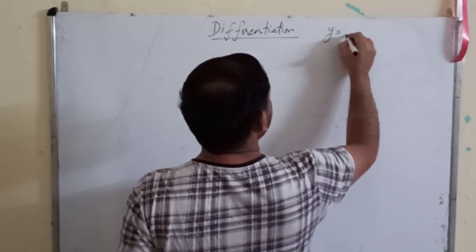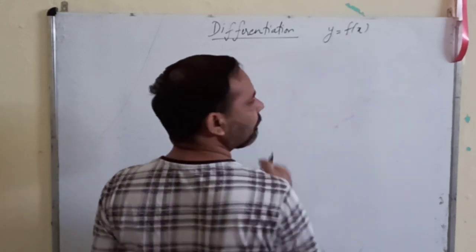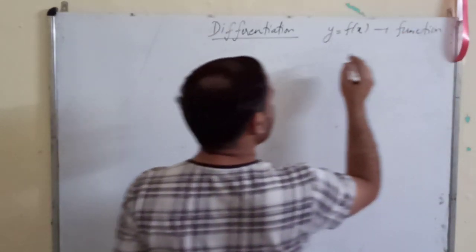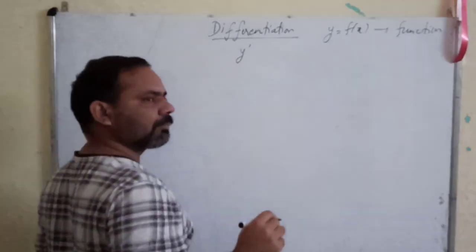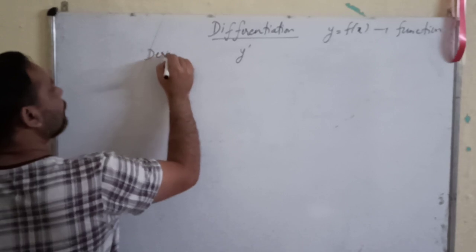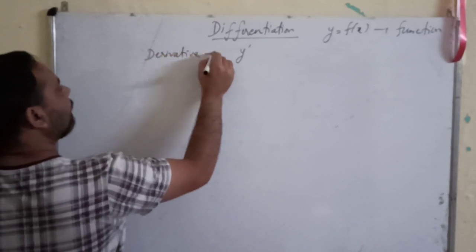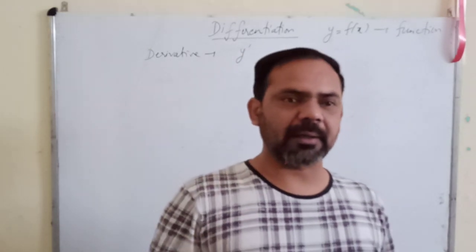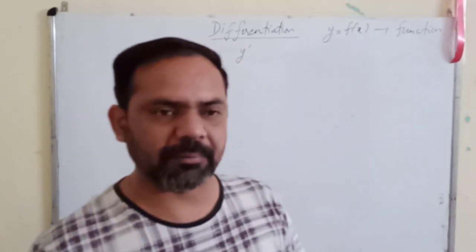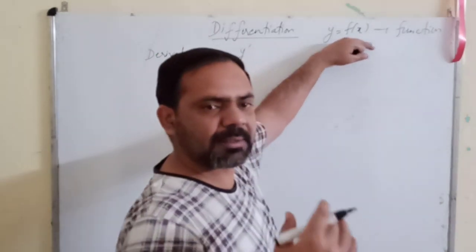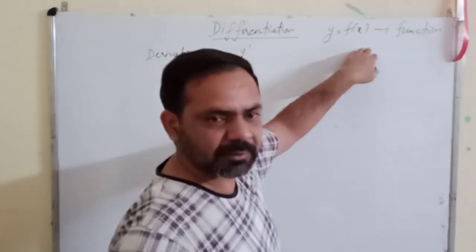If you have y equals f(x), then y dash is the derivative of the function. When you differentiate a function, the result you get is called the derivative of the function.